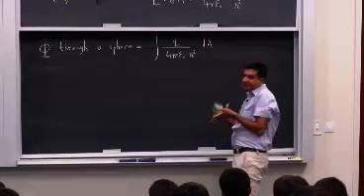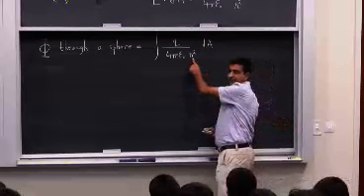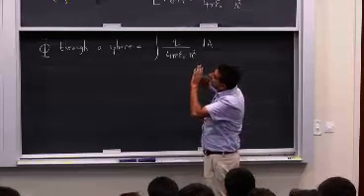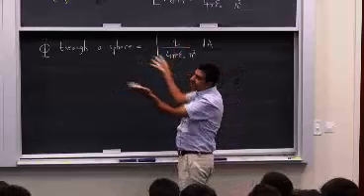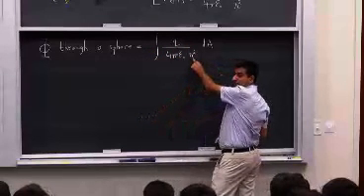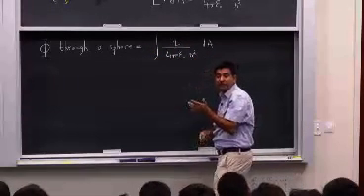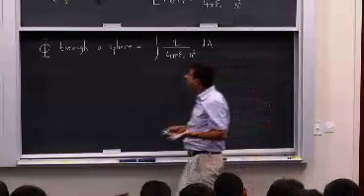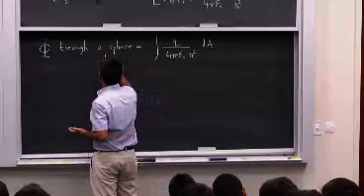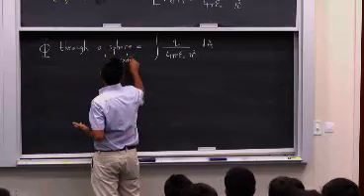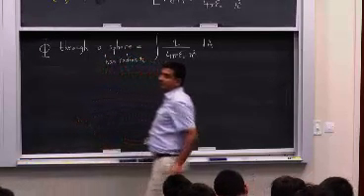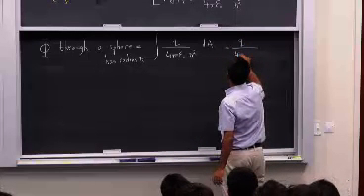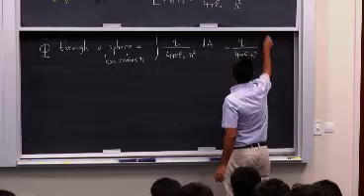Now the sphere has a radius R, so this R is a constant here. If you want to find the flux through the sphere of radius R, this R is really a constant. So you have to imagine what variable is a constant here. R is not a running variable. The sphere has radius R, so it's fixed. So I can take all of this out of the integral, leaving R squared dA.